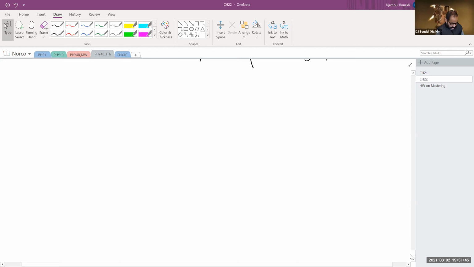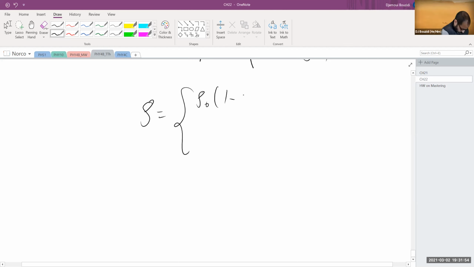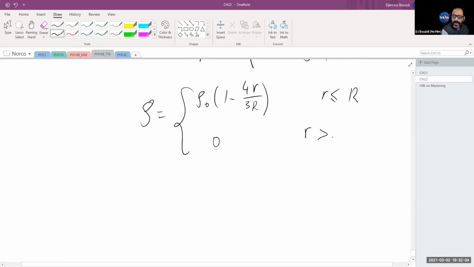In this case, they tell you rho is a function of distance, and it's equal to rho naught times (1 minus 4r over 3R). This is when r is less than or equal to R. But when r is greater than or equal to R, the charge density is 0.